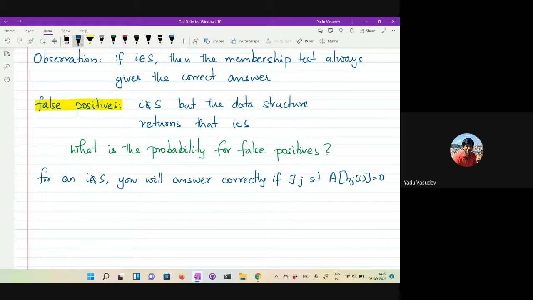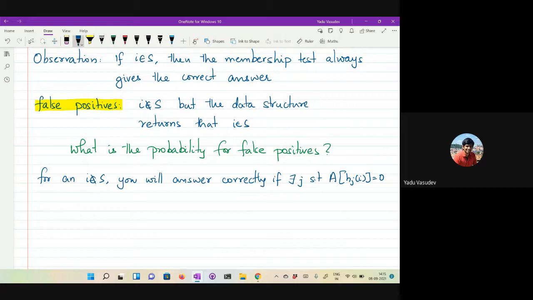The only way that can happen is if, so notice that these edges are purely random functions. So the mapping of i to an index by each edge is purely random. Therefore, the probability of getting a wrong answer, or of answering correctly, depends on the fraction of zeros in this array, right?